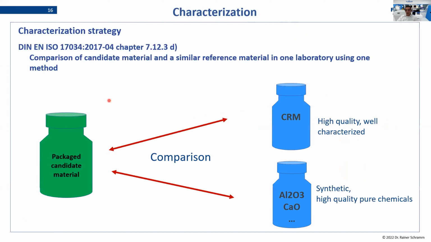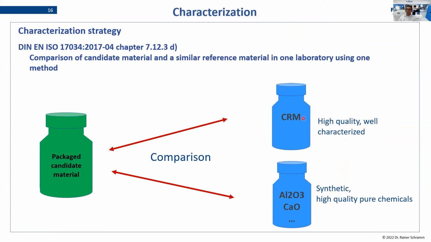There are, of course, different ways you can do it, but we at Fluxana have established one procedure, which is described in this chapter in the ISO norm. And this is the way that we compare our material with another certified reference material, which comes from a qualified reference material producer. This could be, for example, NIST.